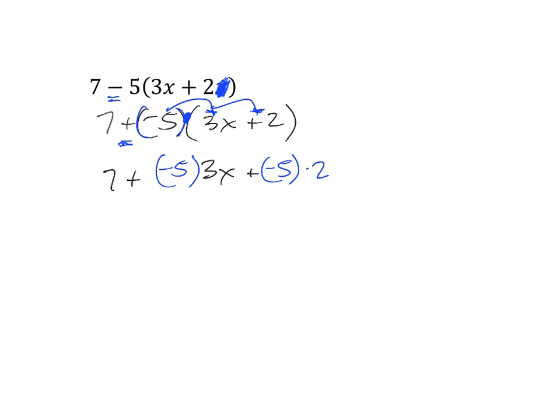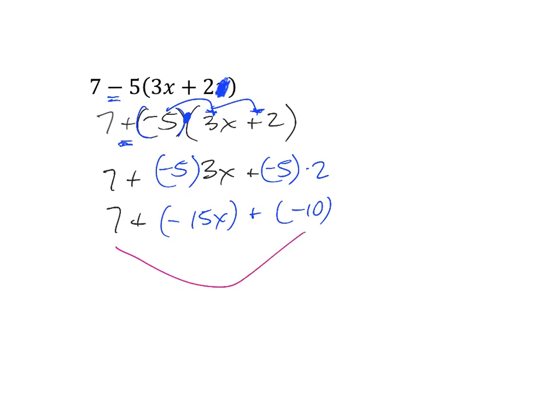Okay, so now we simplify this. We have 7 plus negative 15x plus negative 10. Remember, we have addition so that we can commute like terms, because the x's aren't the same as the 7 and the negative 10. So we're going to put these two together.